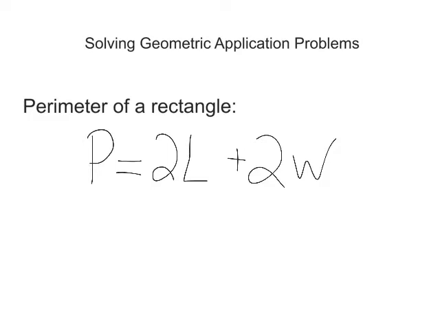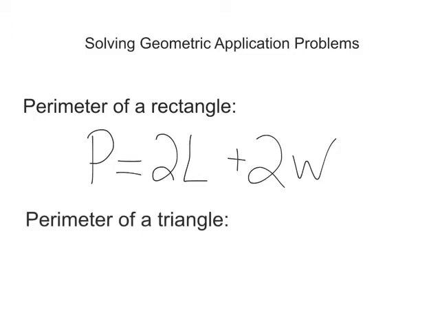And then it'll actually give you the perimeter, so you'll have a number to plug in there. Then what you'll do is you'll work the problem solving for the variable that you have, and then using the formula, once you find the width or the length, whichever one you solve for, you'll go back and find the other dimension.